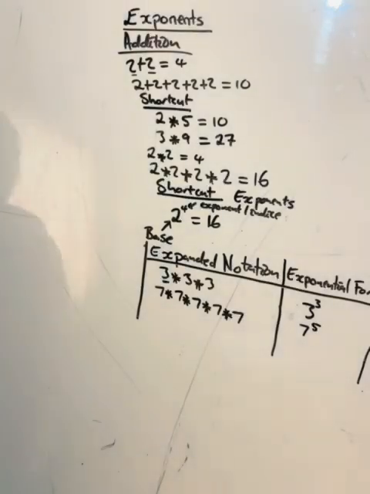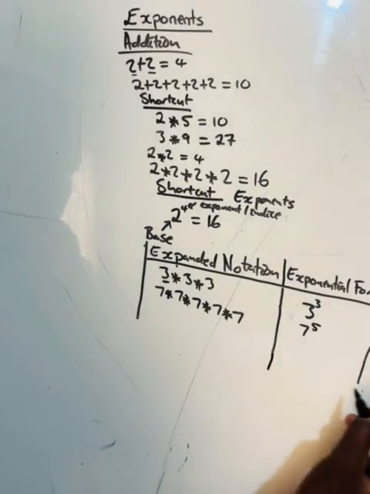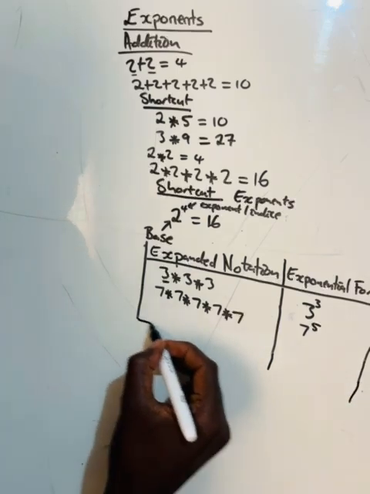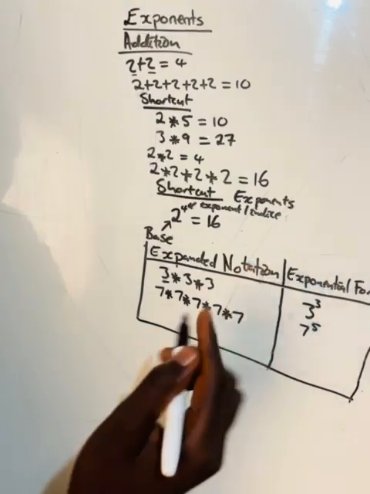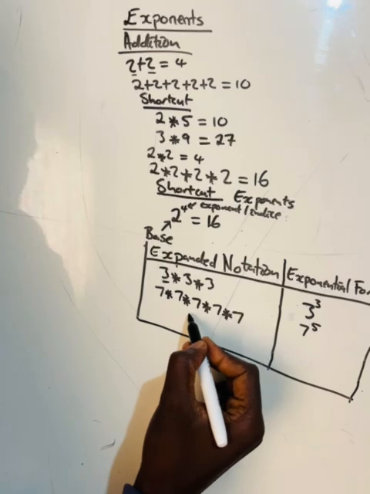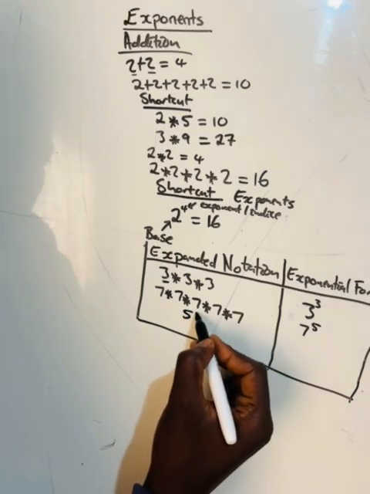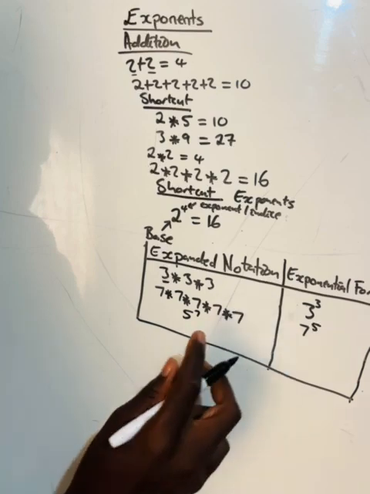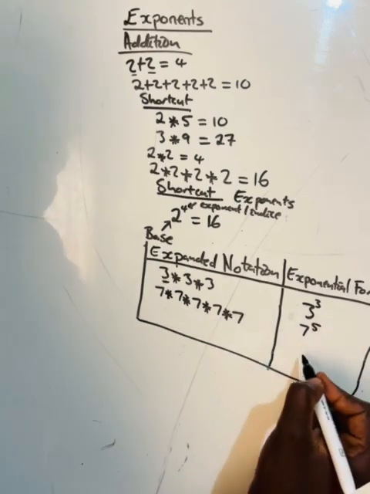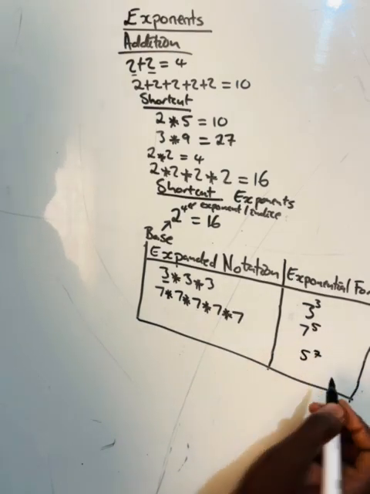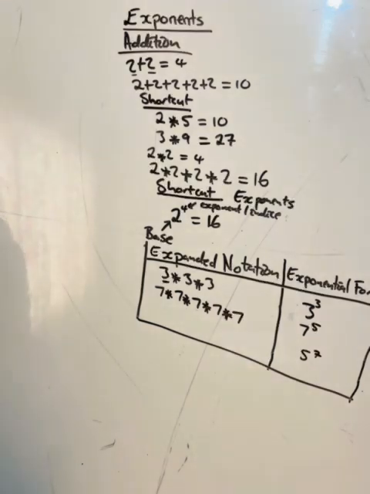Here are some sums that you can do for yourself to test whether you've understood this work, right? I want you to go and write 5 to the power 7 in expanded notation.